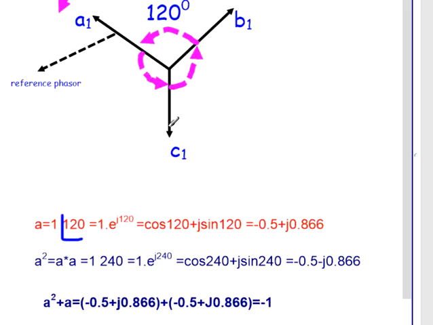The first 120 degrees is A and the next 120 degrees is A. So what is A square? 1 at an angle of 240 degrees. That means A into A, from this position to this position. That means my A1 is moved to B1.